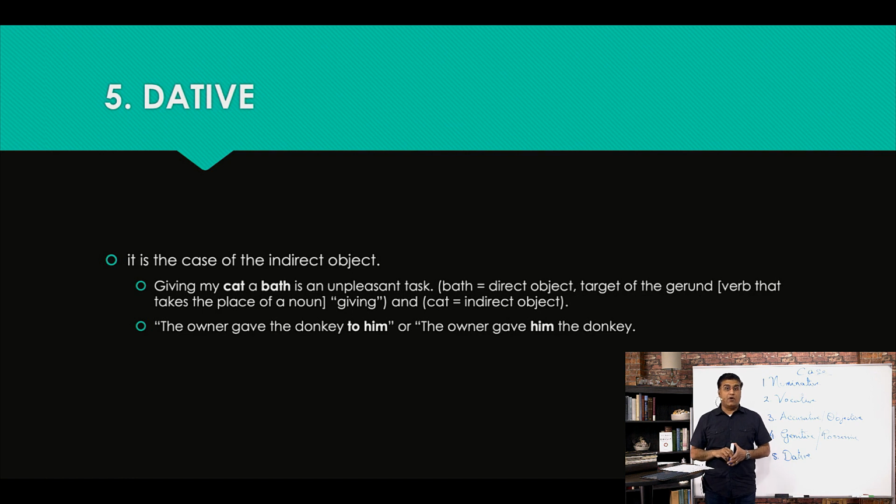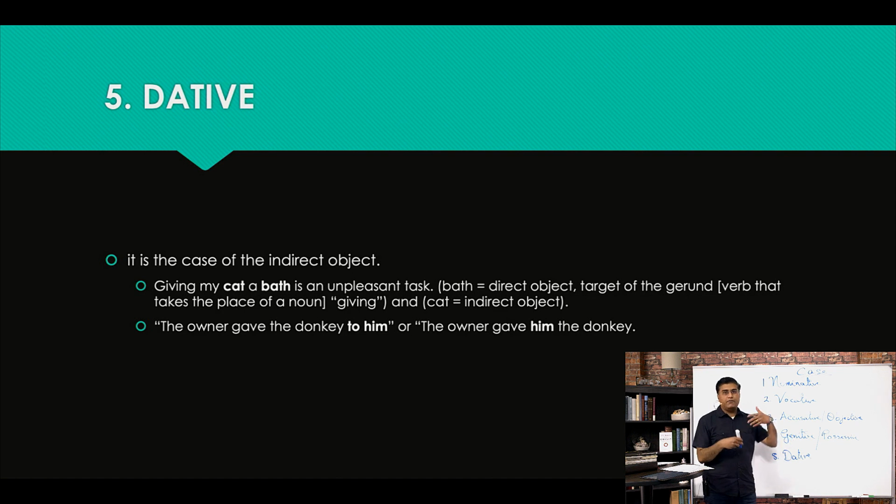Giving is a gerund, a verbal noun, okay? So it's a verb that takes the place of a noun. So bath is a direct object, but cat is the indirect object. So, giving my cat a bath is an unpleasant task. In this, cat is dative.